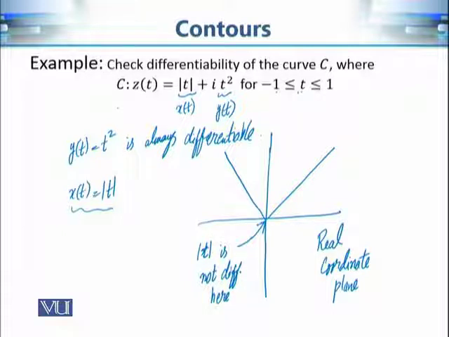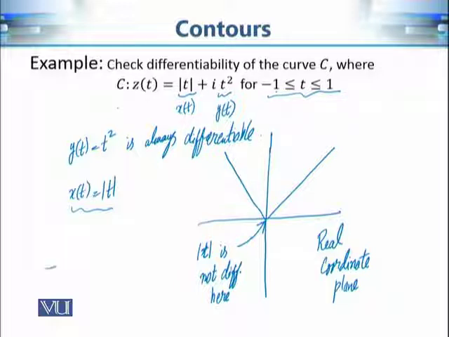So there is a point in the domain, which is 0, where one coordinate function, x(t), is not differentiable. So we can say that this curve is not differentiable in the interval -1 to 1, because if we say that a function is differentiable on a given interval, then it has to be differentiable at each and every point.